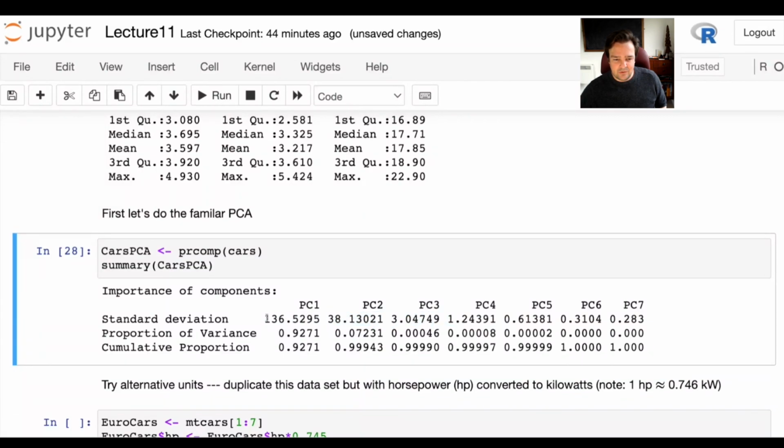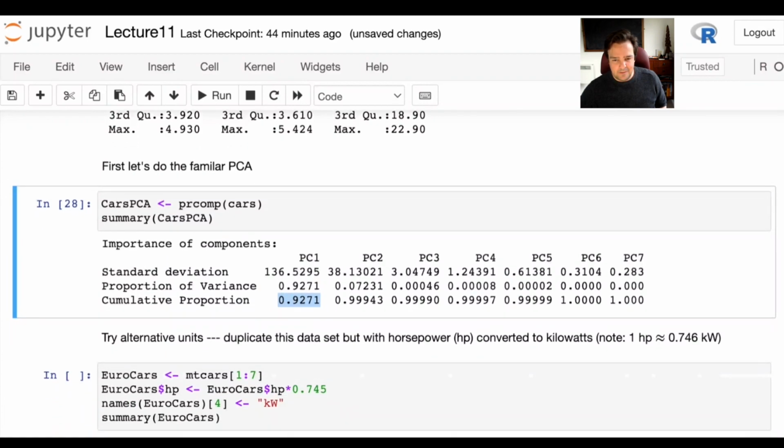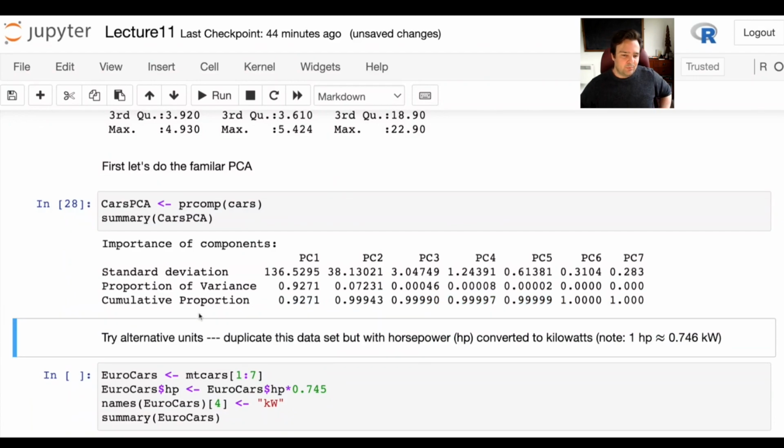But if you look at the cumulative proportion, the first principal component would give you 93% of the cumulative proportion of variance. That's pretty impressive, and not a lot happens going past 2. You're already kind of all the way there. So this data set could probably be principal componentized into some 2-dimensional data set, and it would be just as good for you, maybe.